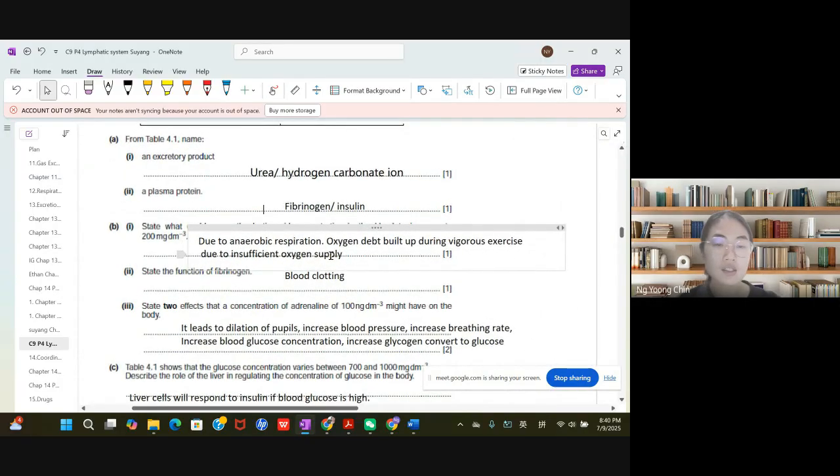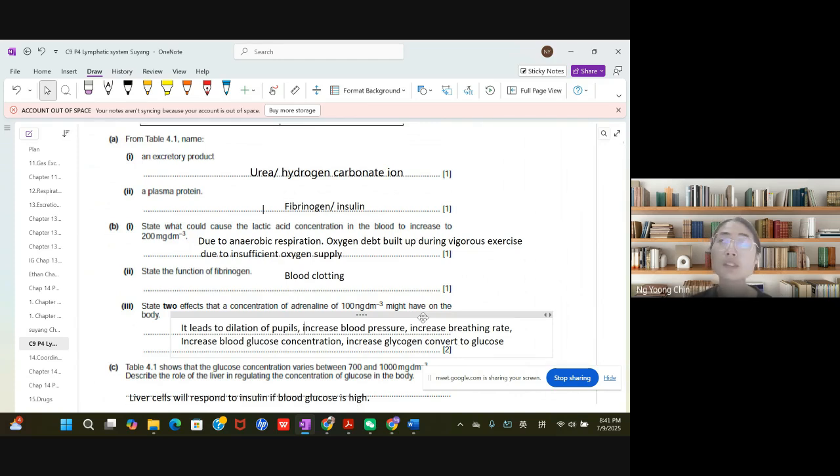Because this adrenaline effect is a common question in IGCSE biology. It's a very common question. The effects of adrenaline on our body are that they will lead to dilation of pupils. They will increase the blood pressure, and increase the breathing rate or respiration rate also. They will increase the blood glucose concentration.